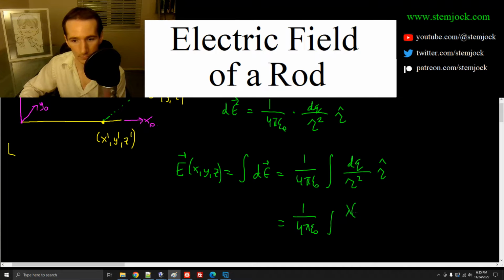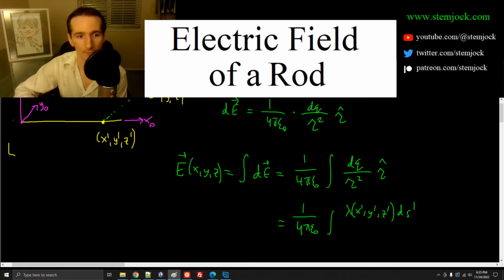This is the charge density at x prime, y prime, z prime. But it's just a constant, so it'll be pulled out in front of the integral. This is times ds, the arc length, but because I've chosen it to be on the x0 axis, this is going to be dx prime.